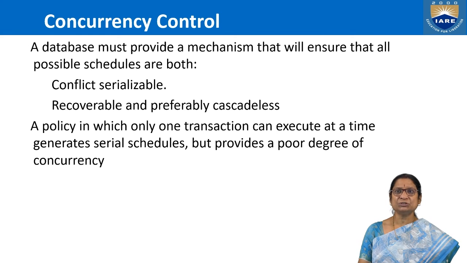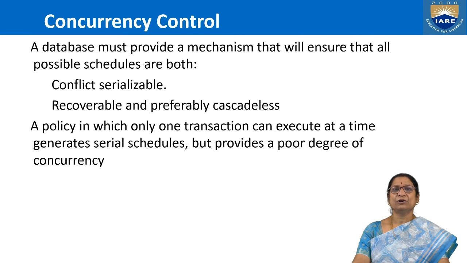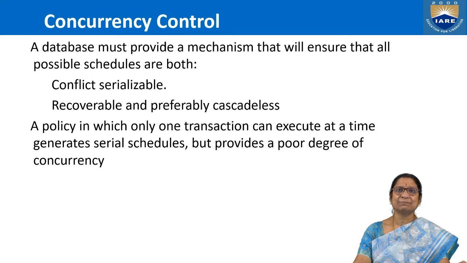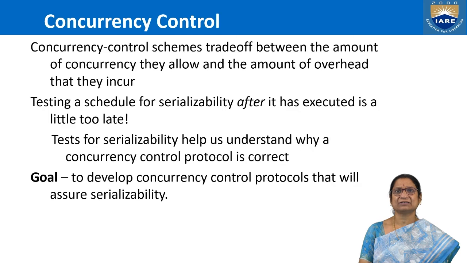A policy in which only one transaction gets executed at a time generates serial schedules, but that provides a poor degree of concurrency, which doesn't give the essence of the database management system or utilization of the database by a multiple user environment. Instead of that, we may go for a file system in such cases.